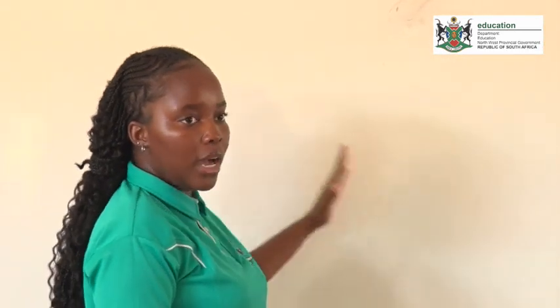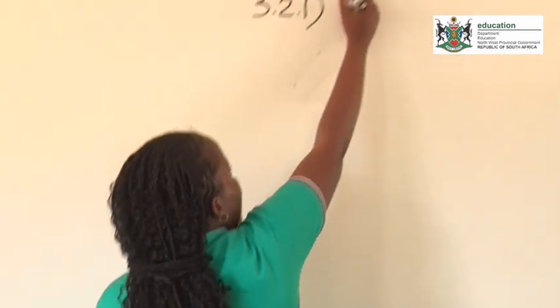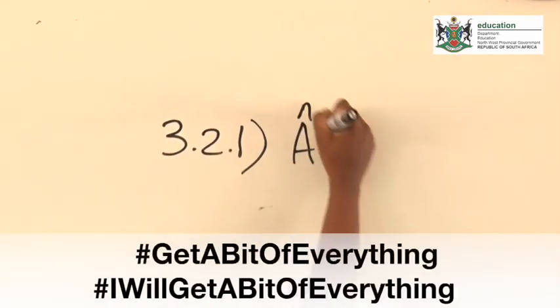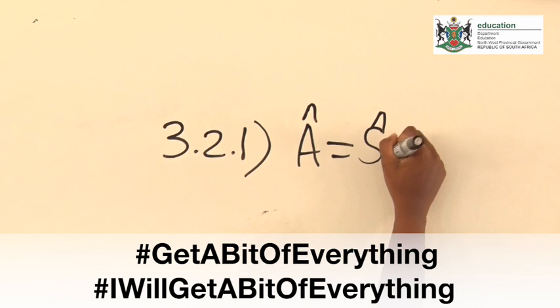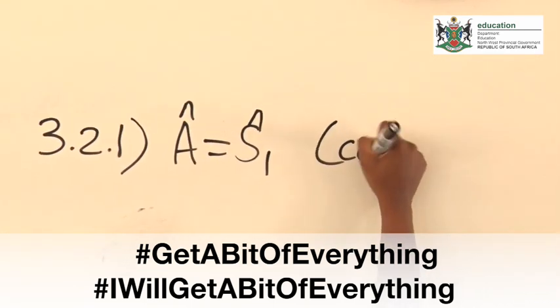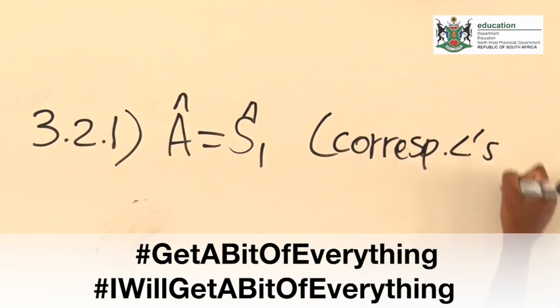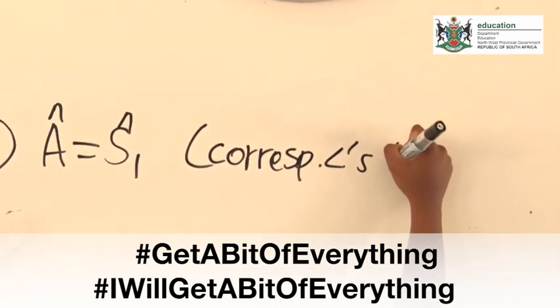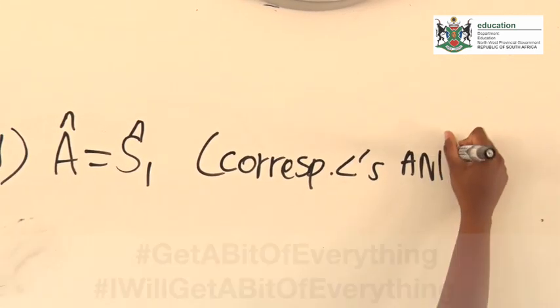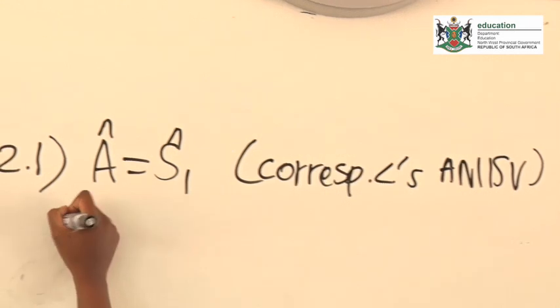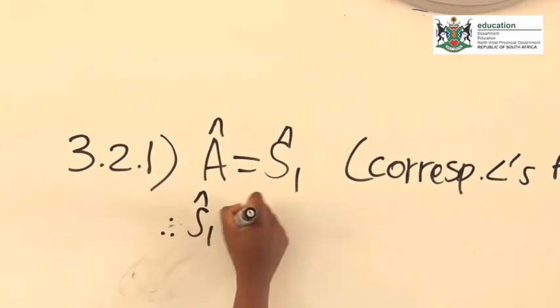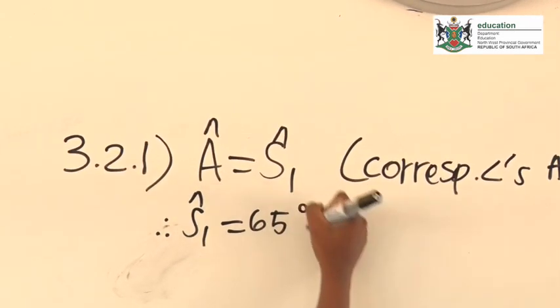As Jobe told us, we start from known to unknown. So we're going to say angle A is equal to angle S1. The reason is for us to make angles. And then the parallel lines AN parallel to SB. Therefore, angle S1 is equal to 65 degrees.